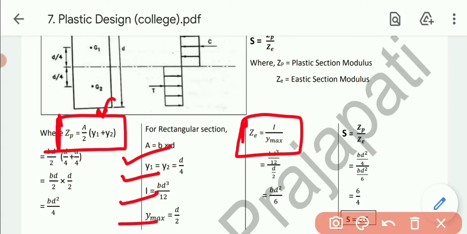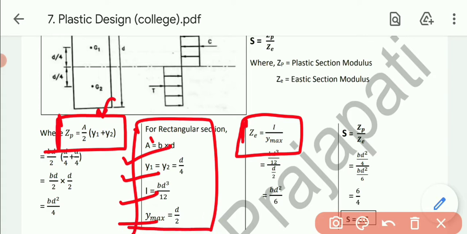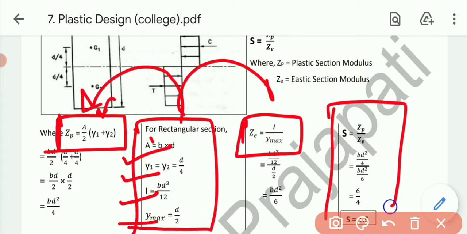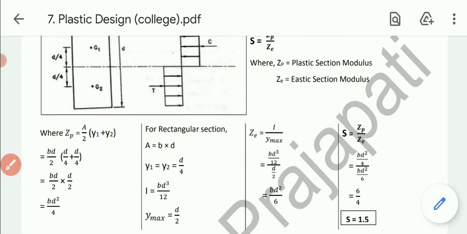Whenever we solve any kind of shape factor sum, we first need to solve these 4 unknown parameters, then put them into Zp and Ze, so we can easily get the shape factor. So let's solve first of all.